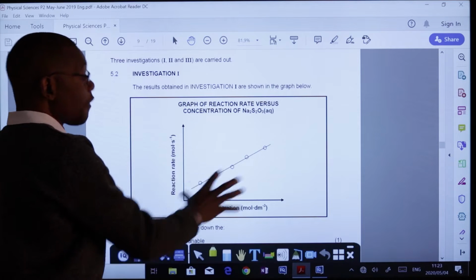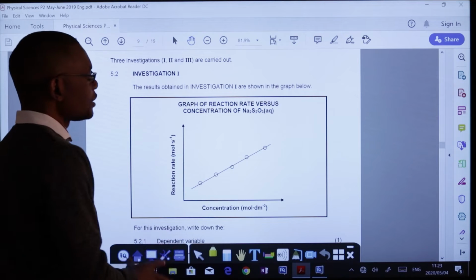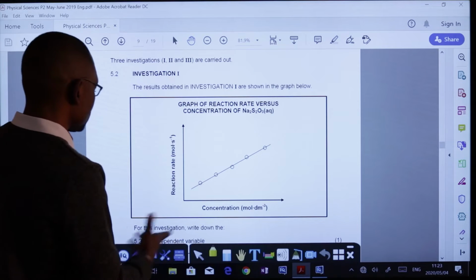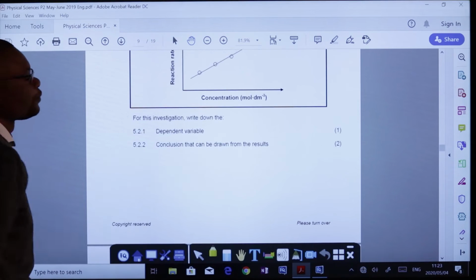So we can conclude from the study of this diagram that the higher the concentration, the higher the rate of reaction. So let's answer the questions that follow.